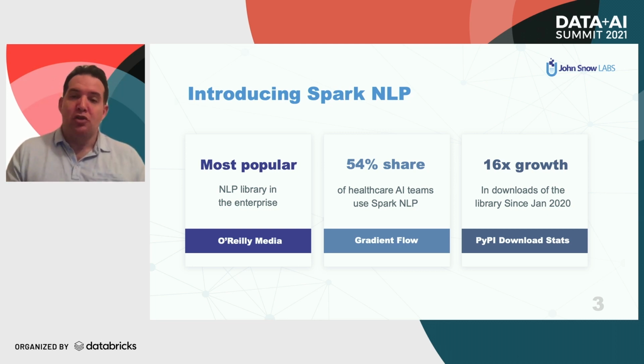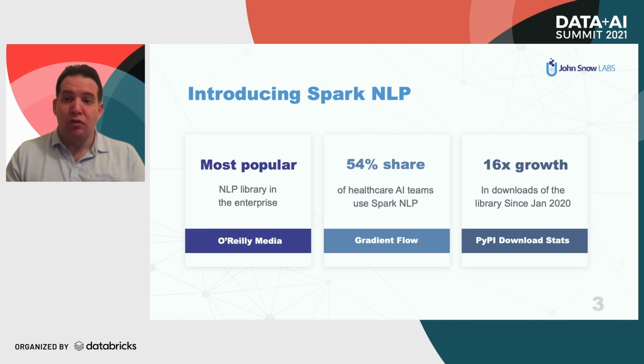As a company, John Snow Labs is focused on the healthcare and life science space, and specifically within healthcare, based on the latest NLP industry survey, Spark NLP is used by 54% of teams. Also, with the same survey, Spark NLP is used by 36% of all teams that use any NLP library.